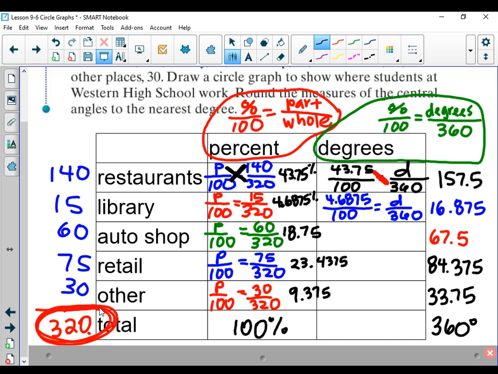Step 3, we're going to need a protractor. Hopefully my first hour left you some nearby. They're tiny. Check the blue basket. There's only one in there. I don't have one. You guys have one in the back.